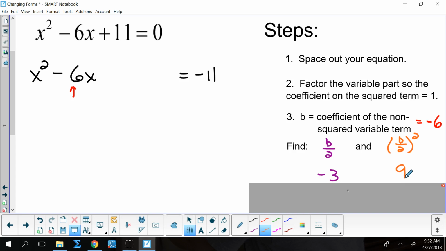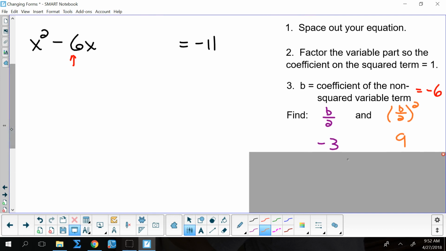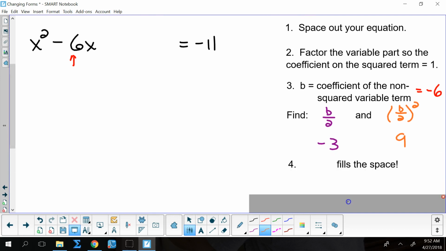Now, those are important because the 9 is going to fill the space. Actually, let me put it as what it actually is. The b over 2 quantity squared is going to fill the space. Does it matter that you have to write this in there? Yes, and you'll see why in a minute.